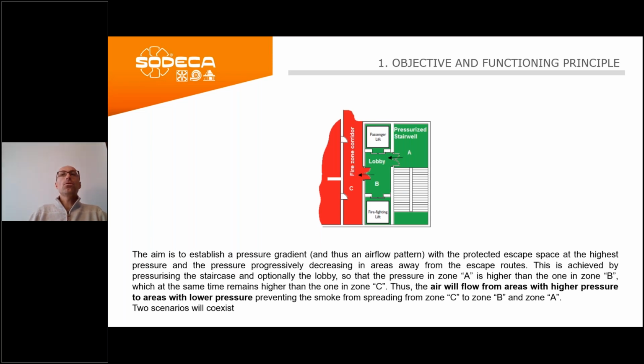Thus, the airflow will flow from areas with higher pressure to areas with lower pressure, preventing the smoke from spreading from C, the accommodation area, to B, the lobby, and from B, the lobby, to Zone A, the stairwell.